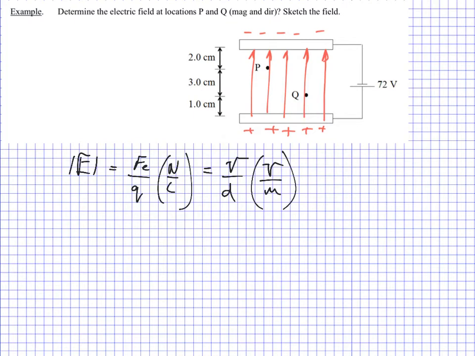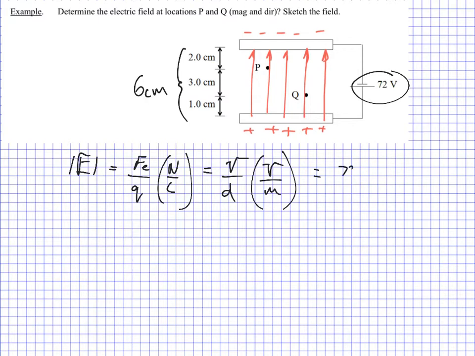So what do we know? Well, here's our information. We know 72 volts is applied between the two plates, and then we know that we have a cumulative distance between the plates of 6 centimeters. So there's our uniform electric field.